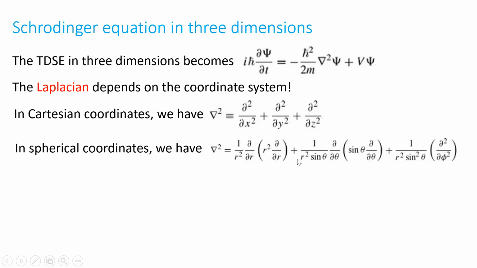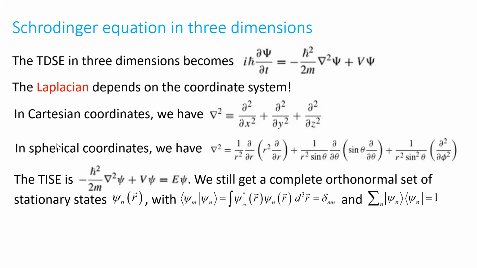So the concept of length involves all three variables. For that reason, the Laplacian is more complicated in spherical coordinates. And again, we're interested in spherical coordinates because the potential of the hydrogen atom is most naturally expressed in spherical coordinates. So, okay, that's the time-dependent Schrodinger equation.